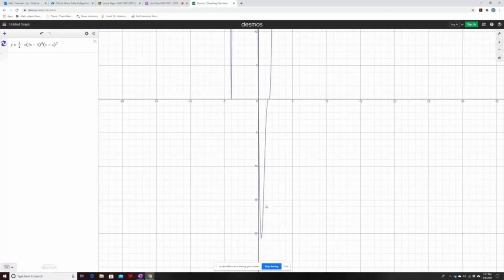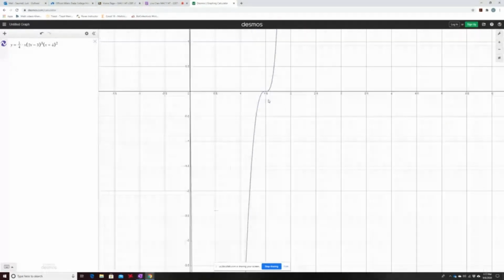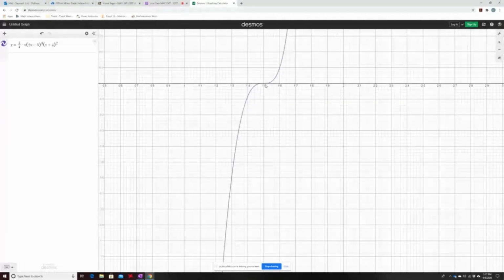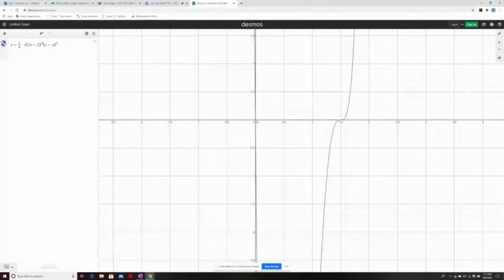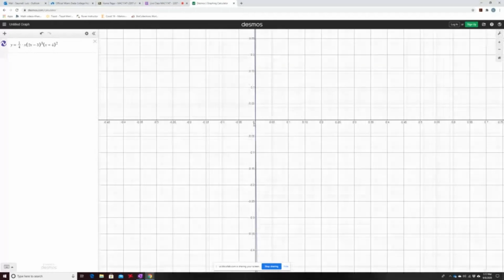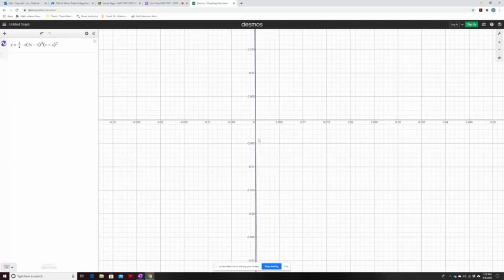Let's look at pieces of the graph. First of all, here we see the 3 zeros. Here in this part, we see the behavior that we were discussing. At 1.5, which is 3/2, we see that it's going through in a cubic fashion. If we zoom in around 0, it's very steep, but hopefully you can see that it's going through 0.